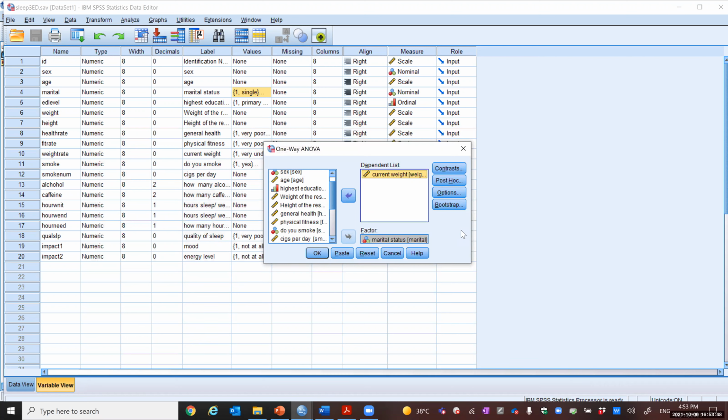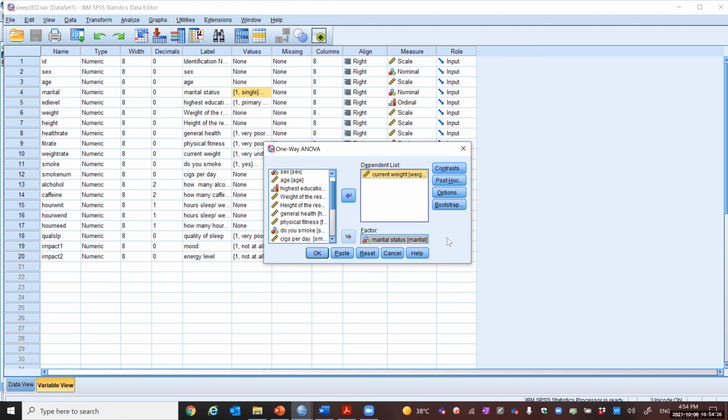What if you have more than one independent variable here and categorical? For example, if we are interested in knowing whether the current weight varies across marital status and another variable, education level, which also has more than 2 categories, and we also want to see the interaction between marital status and education level.